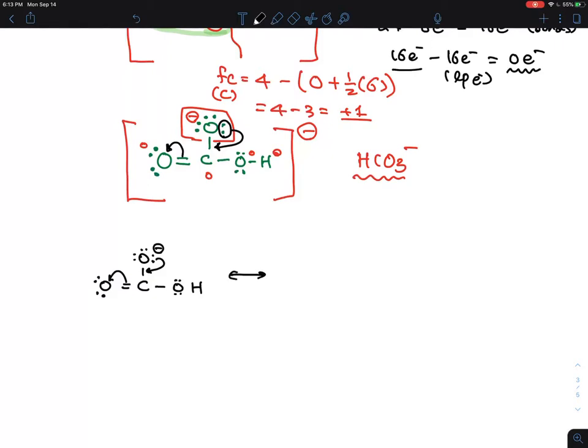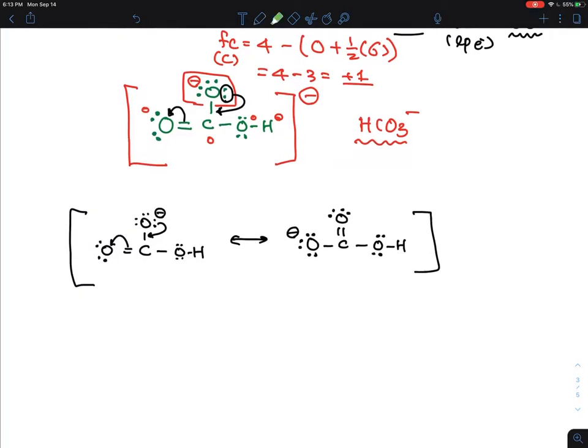By doing so, you will have this scenario of the oxygen, carbon, forming a double bond with two lone pairs. So now the minus charge develops here, and then oxygen and the hydrogen.